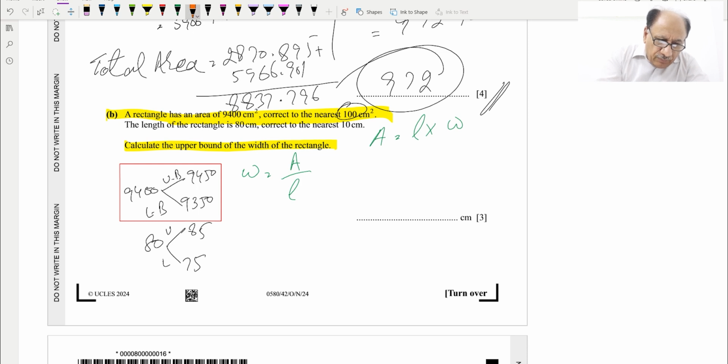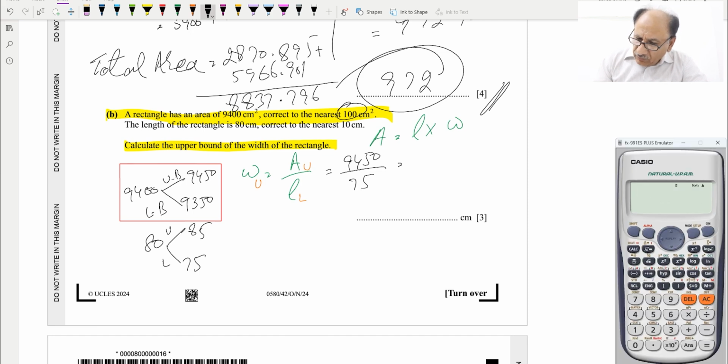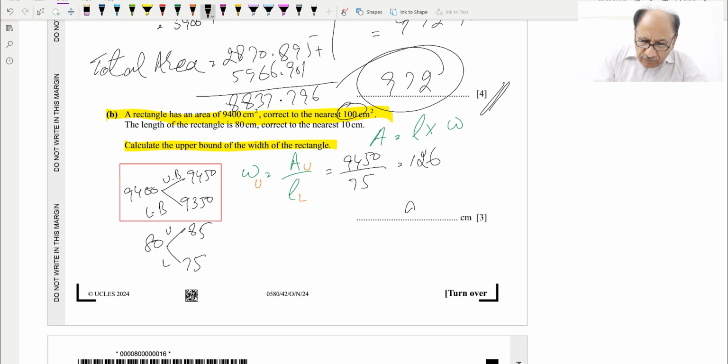So we will use upper bound of area and lower bound of length. Our calculation will be upper bound of area 9450 divided by lower bound of length 75, which is equal to 126. So 126 will be our final answer for this question.